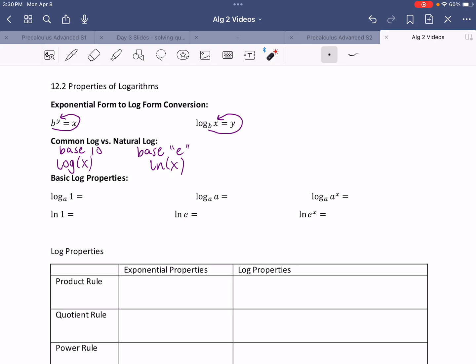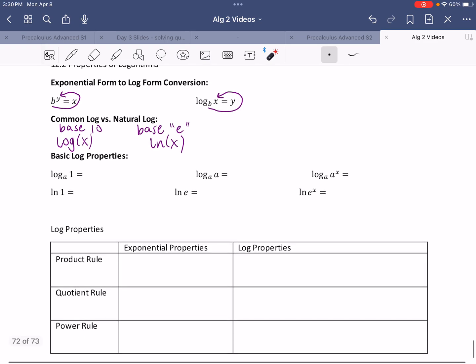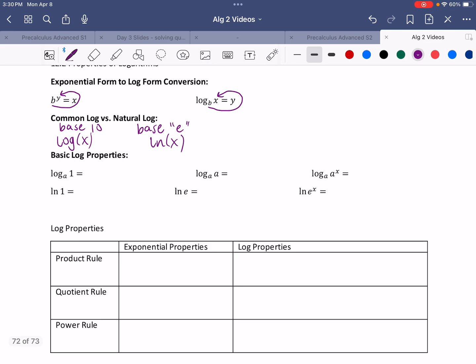Okay, some basic log properties that are true here. I would suggest you pause, try to guess and see, do you know what any of these are ahead of time? The log base a of 1 is 0, because think about what a log does. It says, how do I get from this base, what exponent is needed to get to 1?